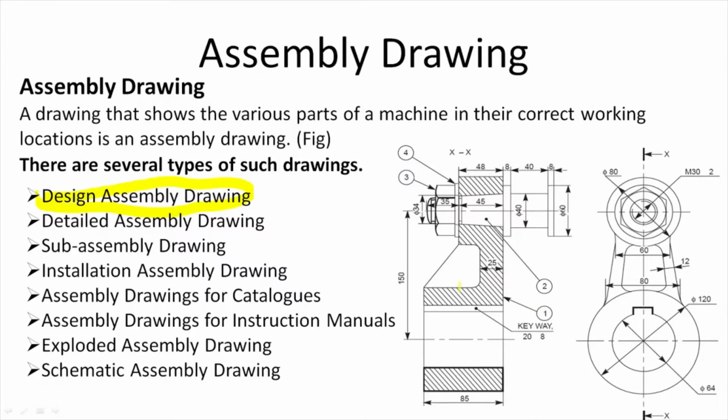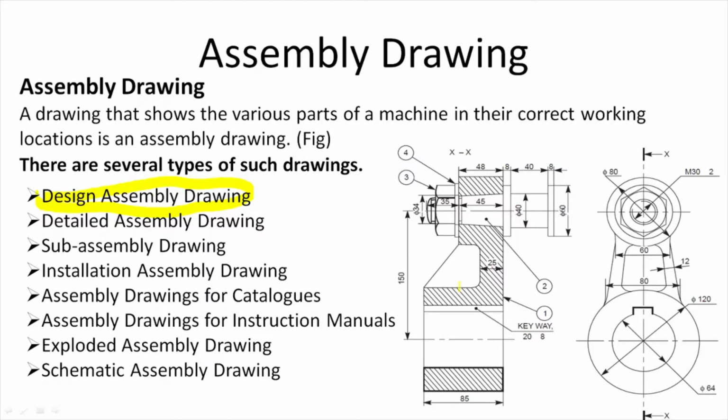Installation assembly drawings are constructed for the erection or the assembly of a product. They provide information on how a component or a base will be positioned in relation to its supporting or adjacent components.